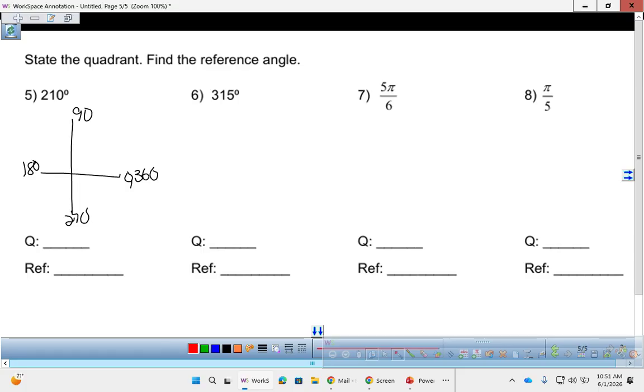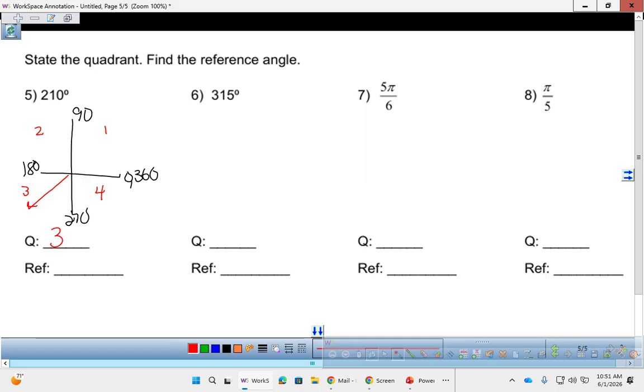So 210 is somewhere here. Somewhere between 180 and 270 is 210. It doesn't have to be perfect. Just draw something in that quadrant. Okay? So what quadrant is that? Well, this is 1, this is 2, this is 3, this is 4. So this is quadrant 3.